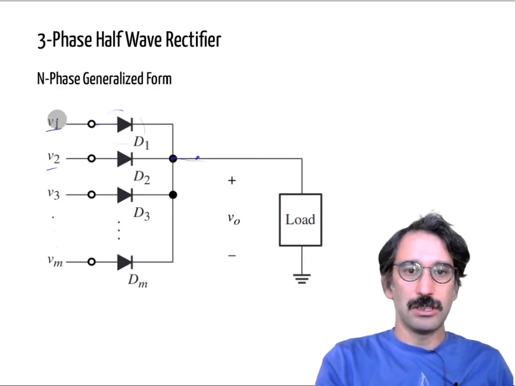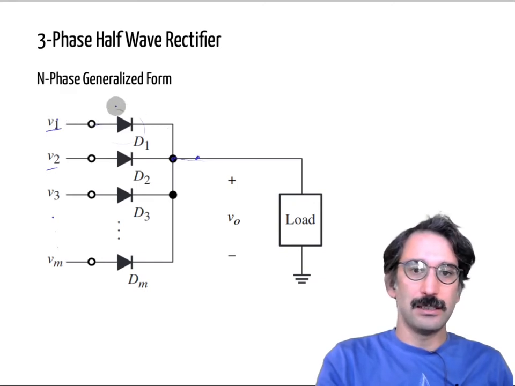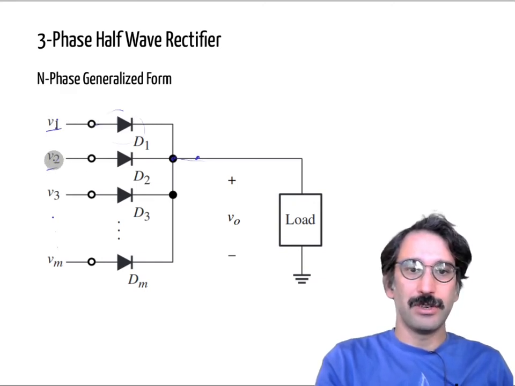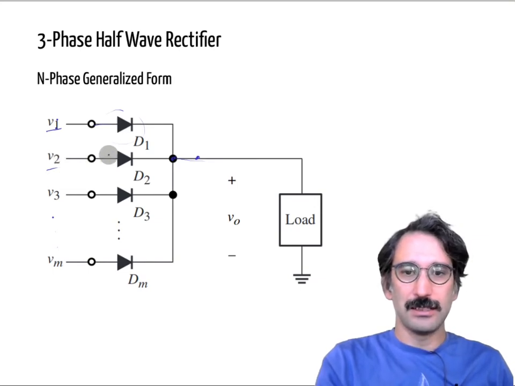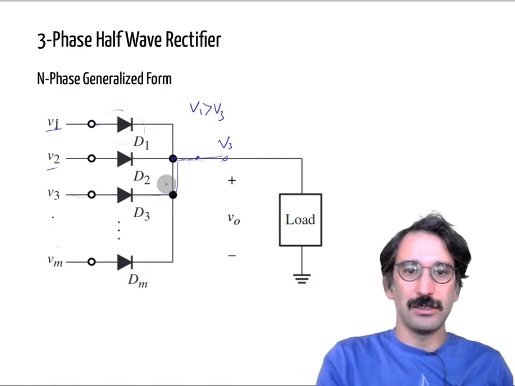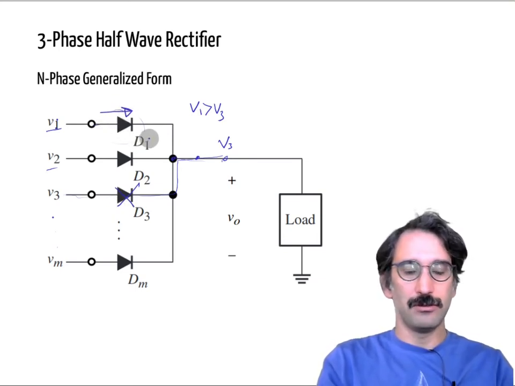Whenever the voltage of the first phase is larger than V out, then D1 will get into conduction. Whenever the second phase is larger than the output voltage, then it will get into conduction. So if, let's say, D3 is conducting, then the output voltage will be equal to V3, and then if V1 is larger than V3, that diode will be off, and the first diode will be in conduction.